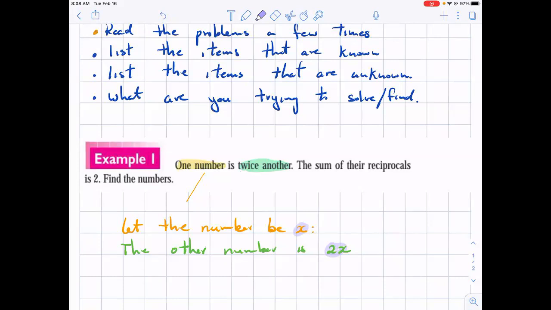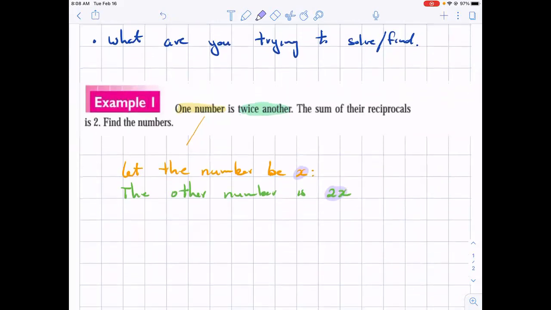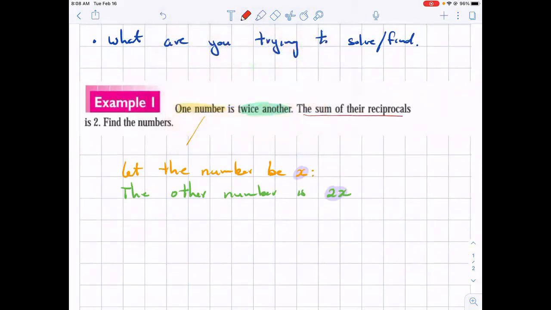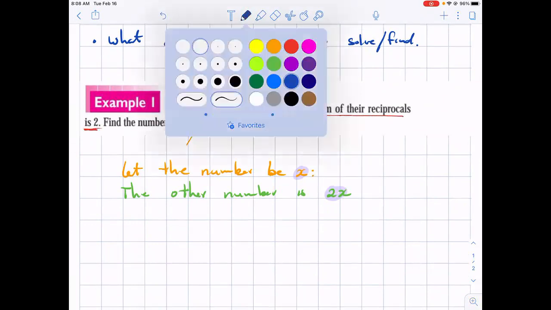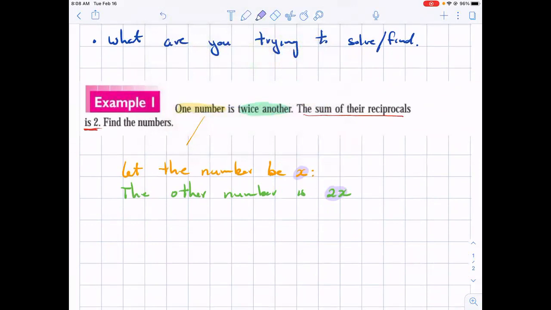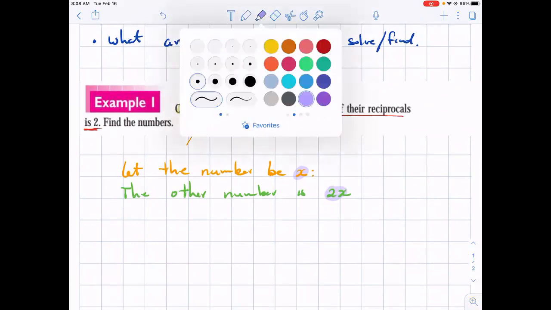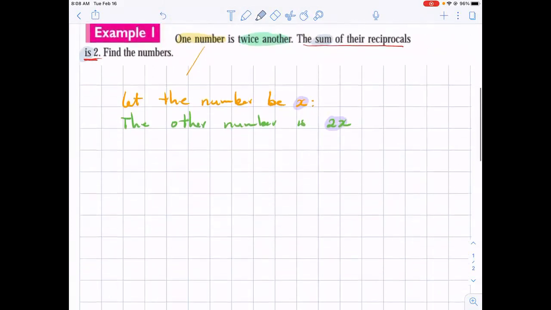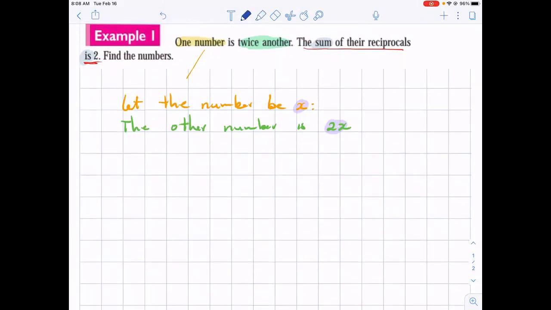Okay. Now, the sum of their reciprocals is 2. Now remember, "is" implies equal, right? And we're talking about the sum. So the sum of the reciprocals, meaning when I'm adding these two things, that is going to be equal to 2.